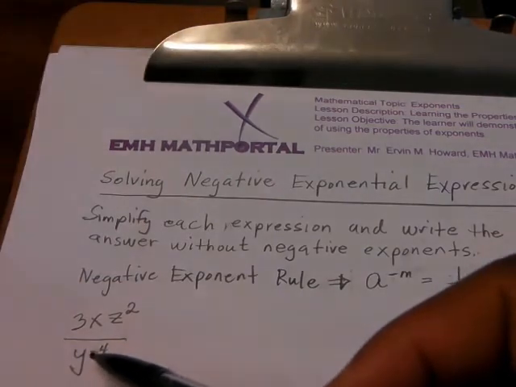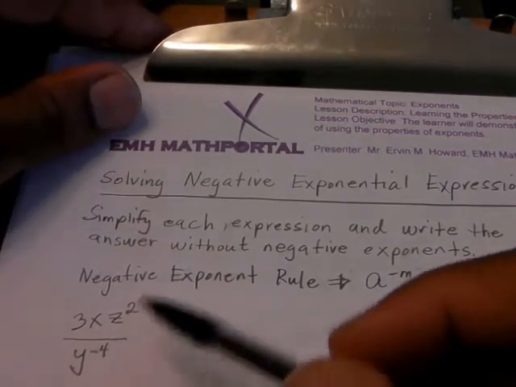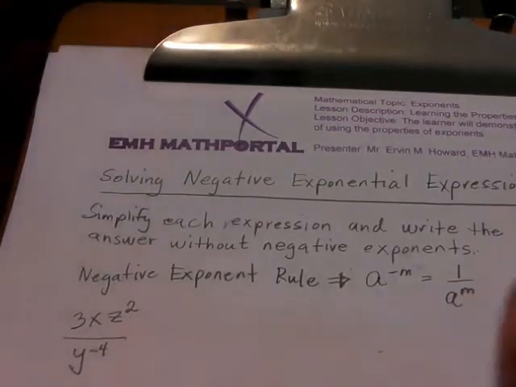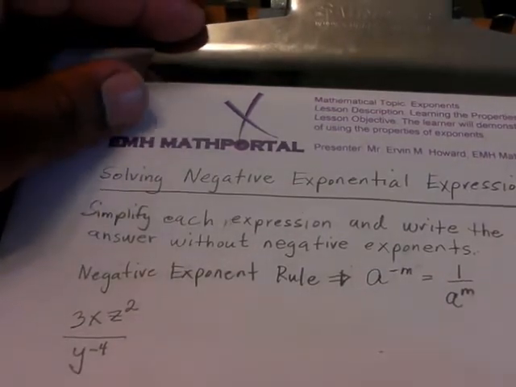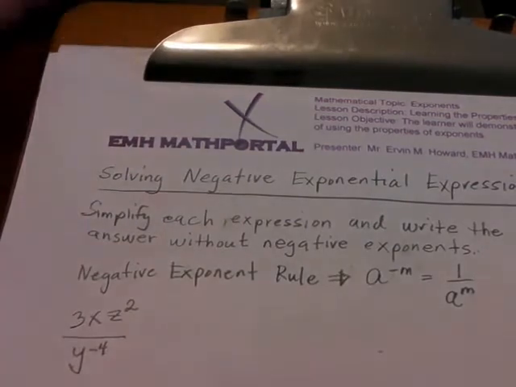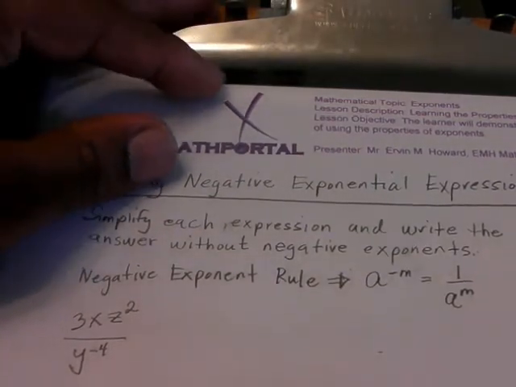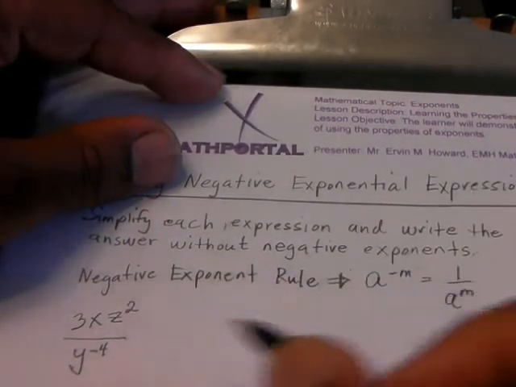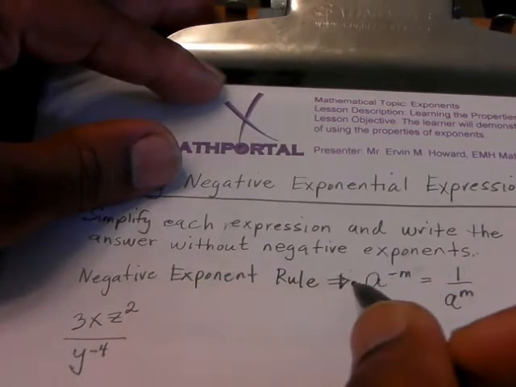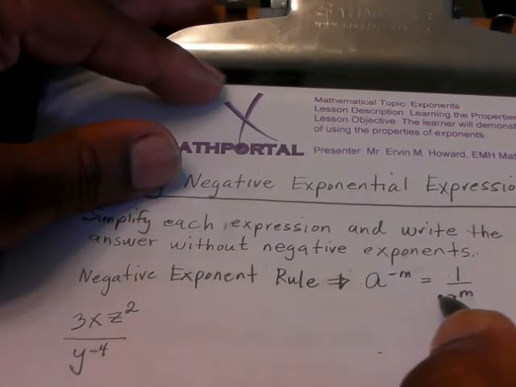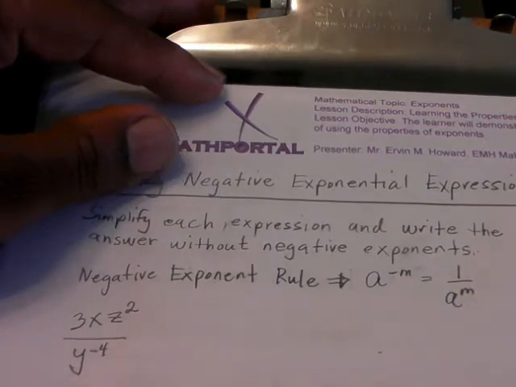We could write it like that, but I want to show you the application of the formula first, and then I'll show you another strategy which exemplifies the same thing.